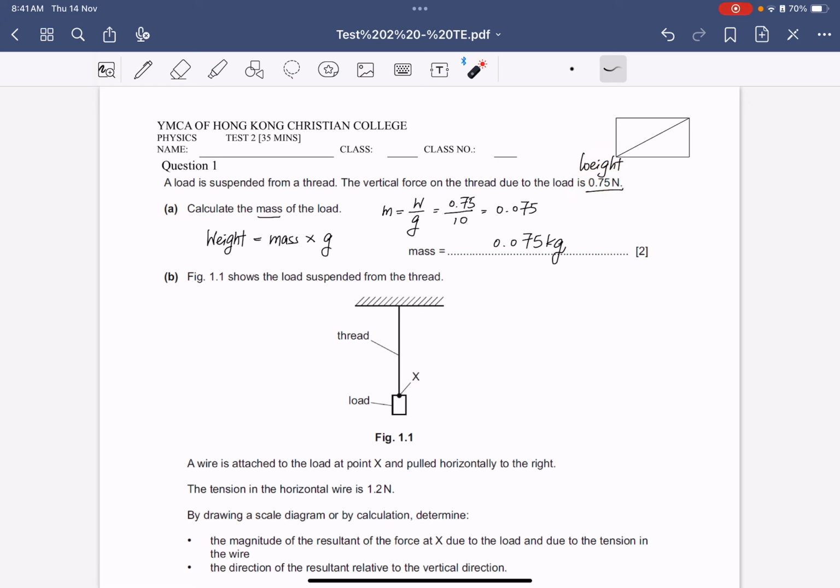So many of you treat this as the mass and then multiply it by 10 to find the weight, but this is not true. First of all, it's very clear that they state this in the unit of Newton already, so it must be a force.